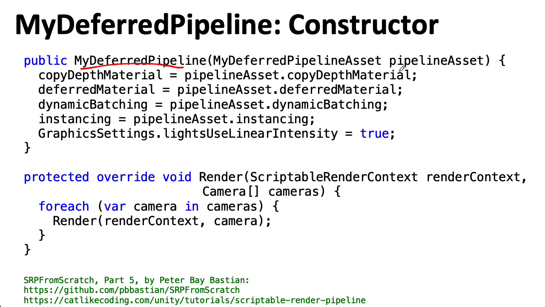Our constructor takes the materials from our pipeline asset and our GPU optimization variables from our pipeline asset and copies that information to our local variables. We have two render functions. One takes in an array of cameras and just loops through the render functions for an individual camera for each of those cameras. So that's what we need to focus on.